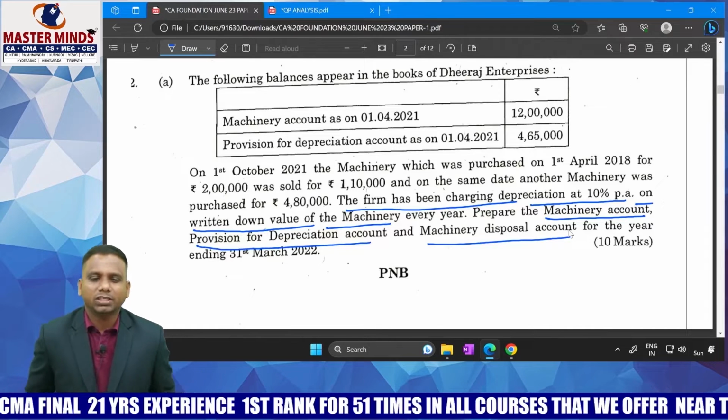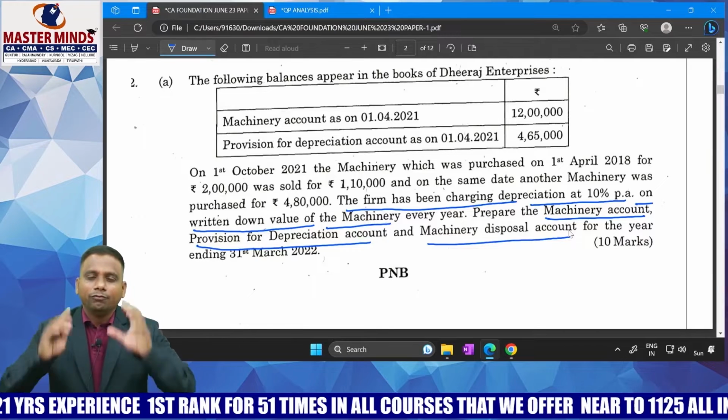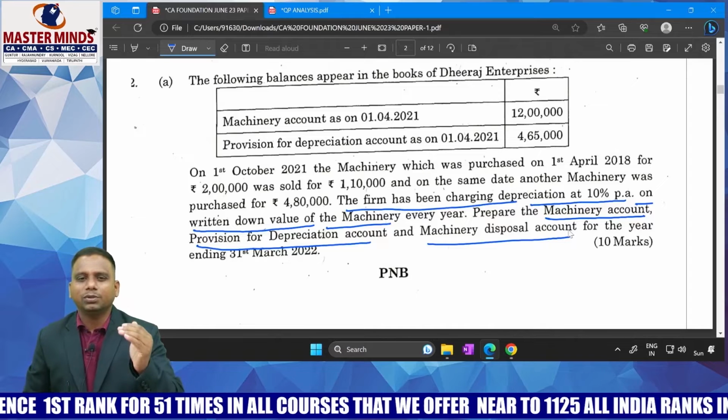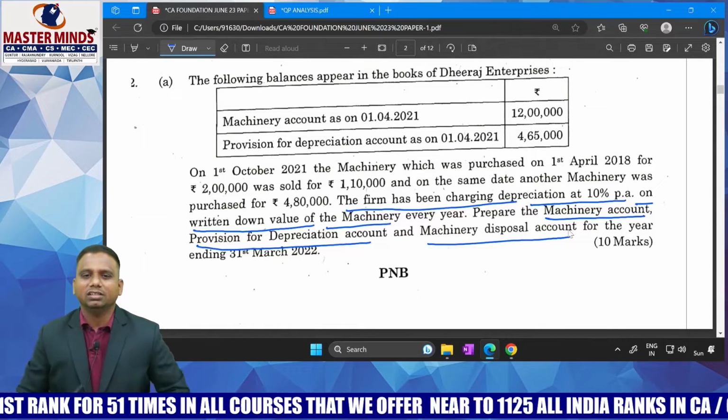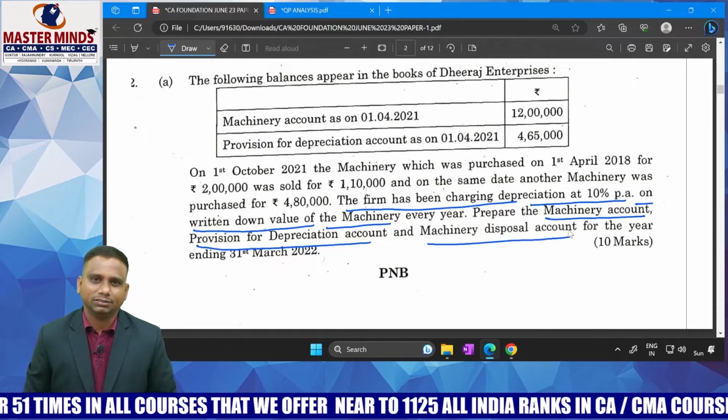Most of the students may get confused here. Why? If you are conceptually clear, then the provision for depreciation account and machinery disposal or asset disposal account is easy for us.